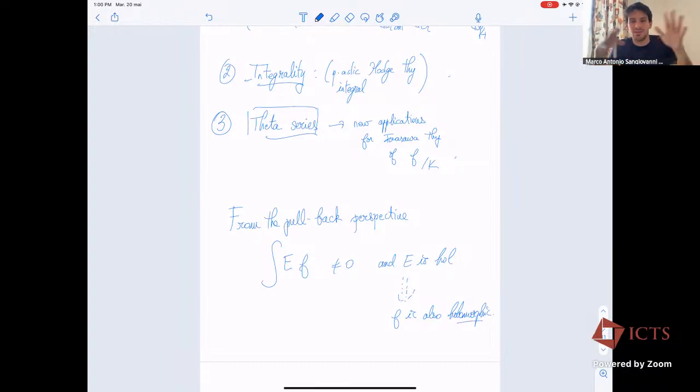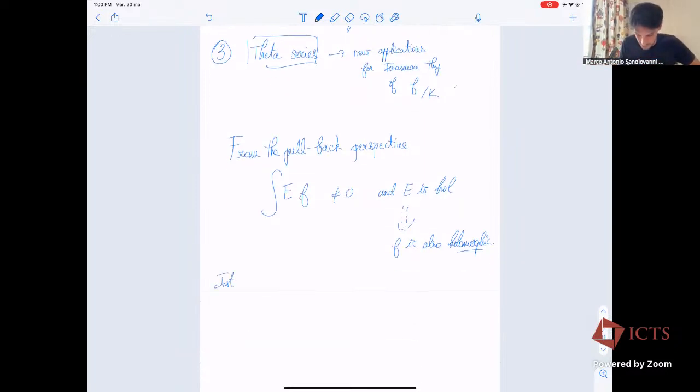So everything is H0, so everything becomes simpler. Instead, in the push forward, this is precisely not the case.